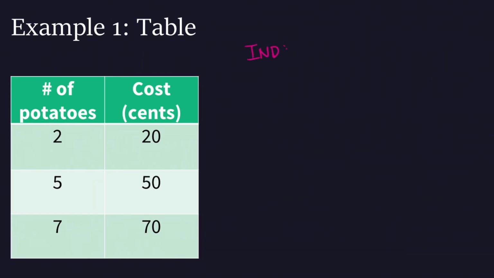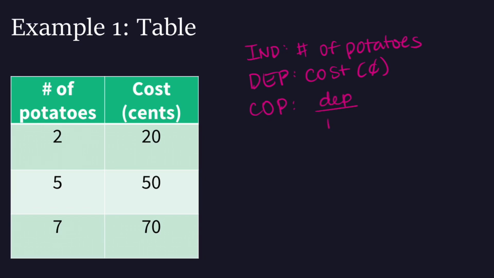So my independent variable would be the number of potatoes, and my dependent variable would be the cost in cents. And then my constant of proportionality, I'm going to do the dependent variable divided by the independent variable.